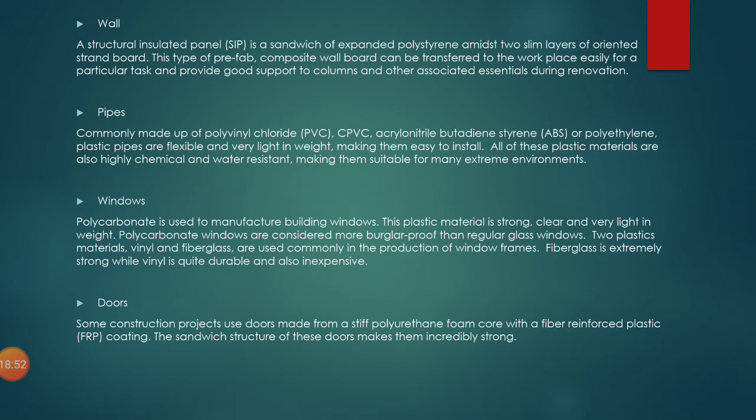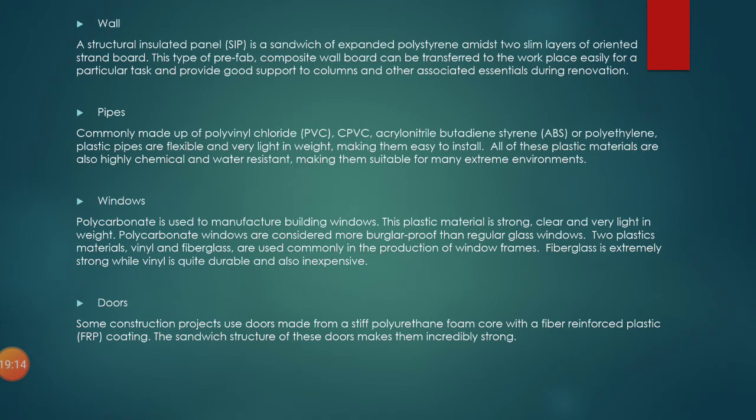Windows. Polycarbonate is used to manufacture building windows. This plastic material is strong, clear, and very light in weight. Polycarbonate windows are considered more burglar proof than regular glass windows. So it gives you an extra sense of security just by knowing the flexural strength of plastics.